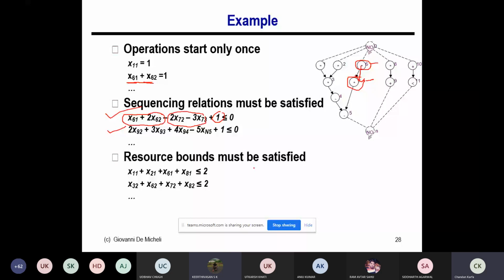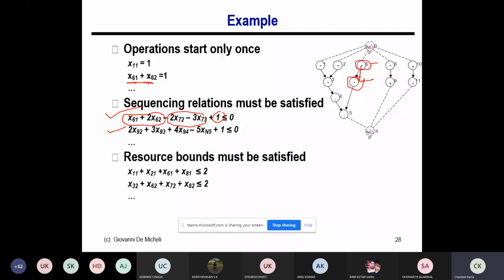Yes. Sequencing condition must be set. Yeah, so this is basically the data dependency constraint, right? What it means is that, for the way operations 6 and 7 are scheduled, if operation 6 starts at a certain time, it should finish its execution, and only then can 7 start, right? So this is nothing but this. As I already mentioned, for operation 6, either x61 or x62 will be 1, right?